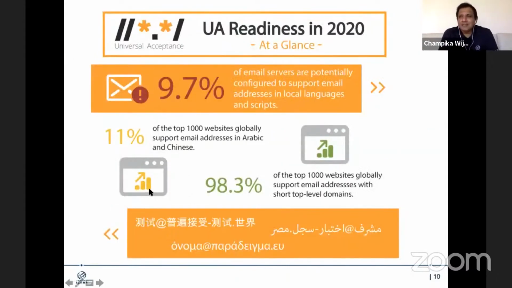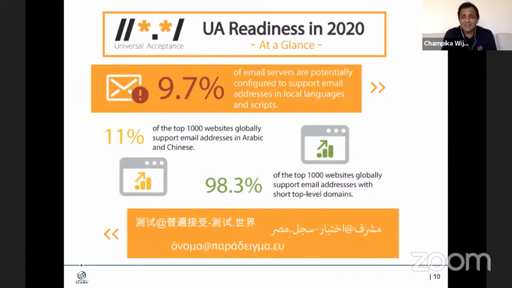Now, we have done some surveys and tests just to analyze how mail servers support these different types of email IDs and so on. But currently, less than 10% of mail servers can support these different domains or different email IDs or local language scripts.